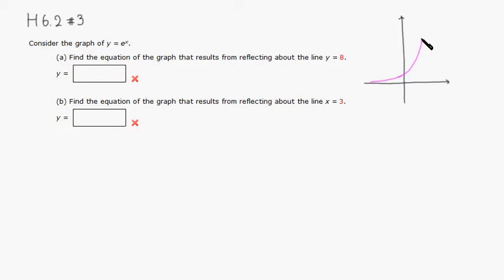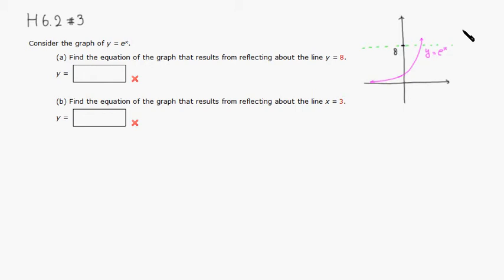This is the original function, y equals e to the x. Then y equals 8 is a horizontal line at 8. The scale is kind of messed up, but here is 8. So this is the horizontal line, y equals 8.